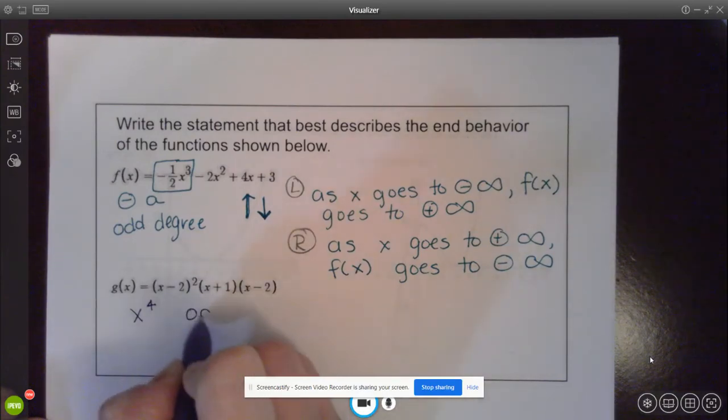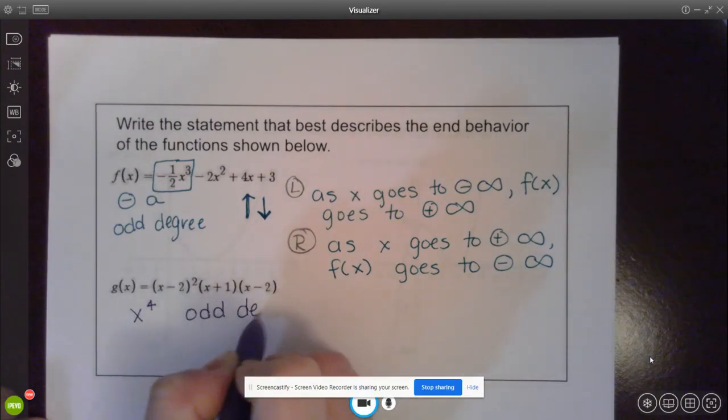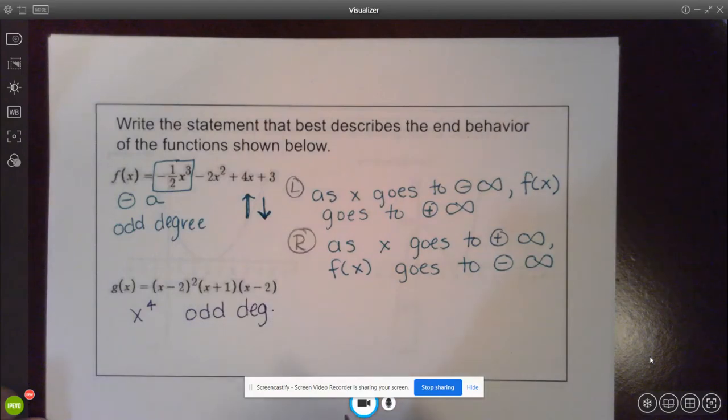So I have an odd degree. And my a value is positive. So that means my right side goes up, and they're going to go in the same direction.